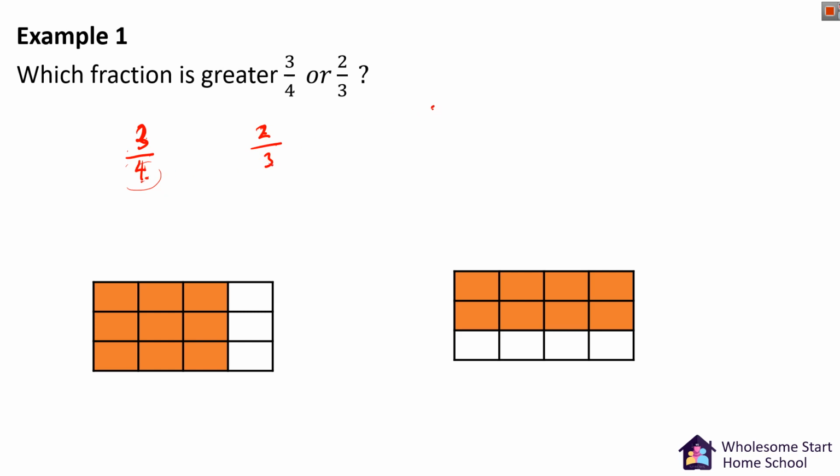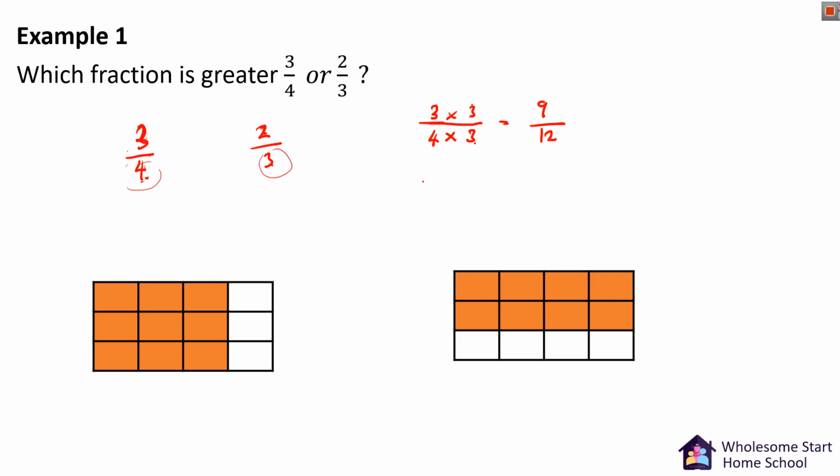Now let's try. So we do 3 over 4 times 3 over 3. You can see I use the same thing on the numerator and the denominator. 3 times 3 is 9. 4 times 3 is 12. Since we have made this one 12, we try to make the other one 12 too.